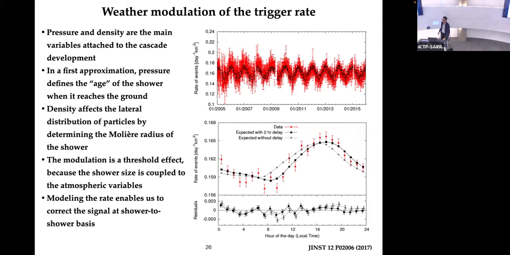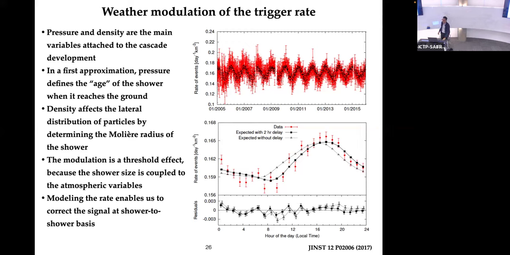You can ask yourself, how significant is this modulation? We split the data into two energy bins, from 4 to 8 and above 8 EeV. This is the statistics. You asked about the statistics before. Until 2017, in the lower energy range, we had something like 82,000 events, and above 8 EeV, something like 32,000 events.